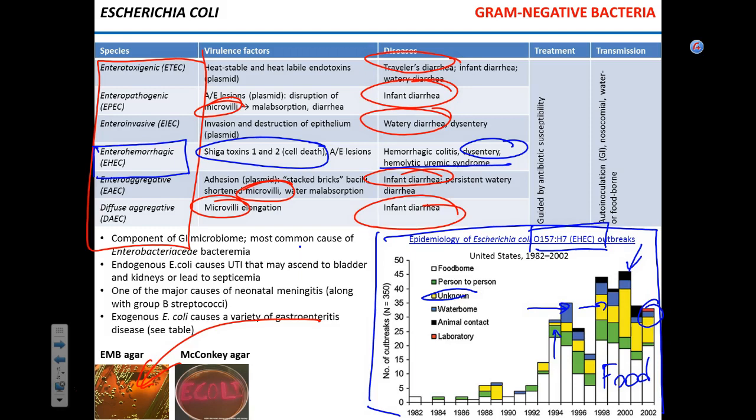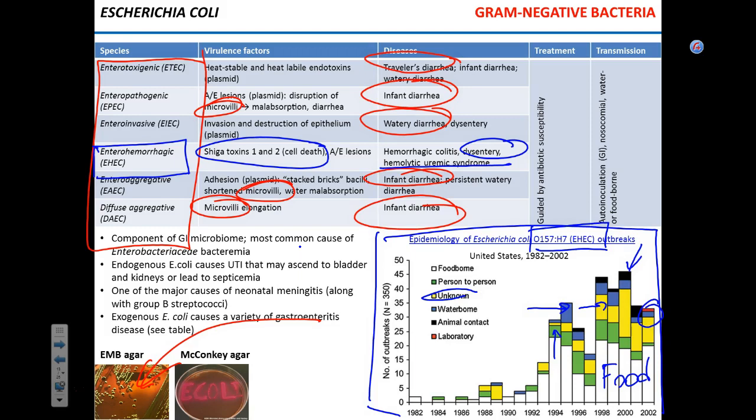Meaning that if this microorganism gets in the blood, it starts to destroy red blood cells. And destruction of red blood cells, the hemolytic component, leads to kidney dysfunction. So urea starts to accumulate in the blood. So that's the uremic component. Hemolytic uremic syndrome.